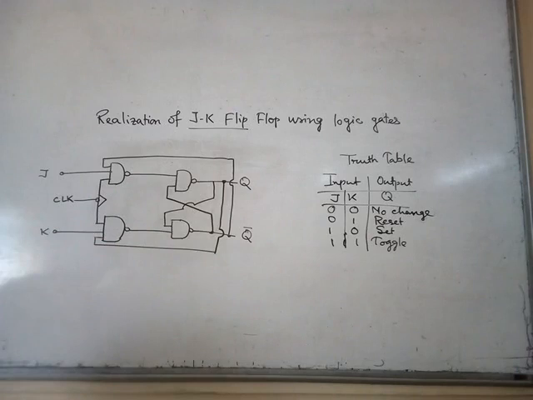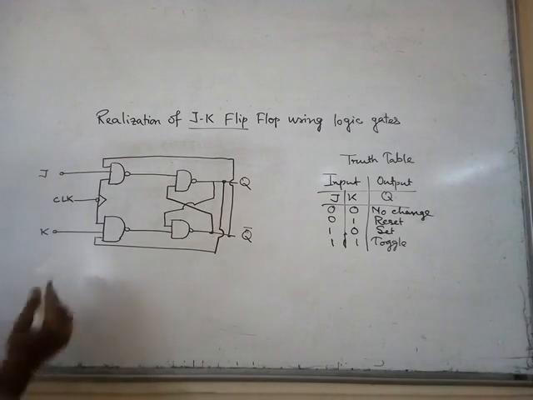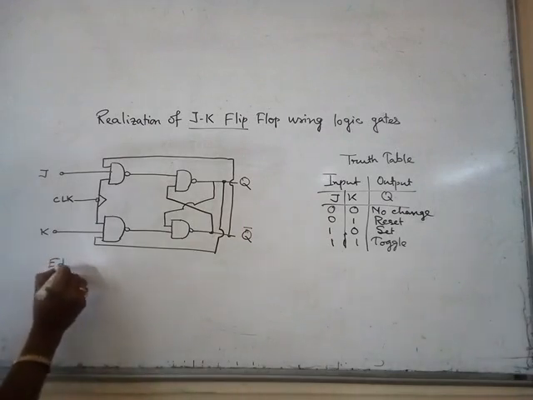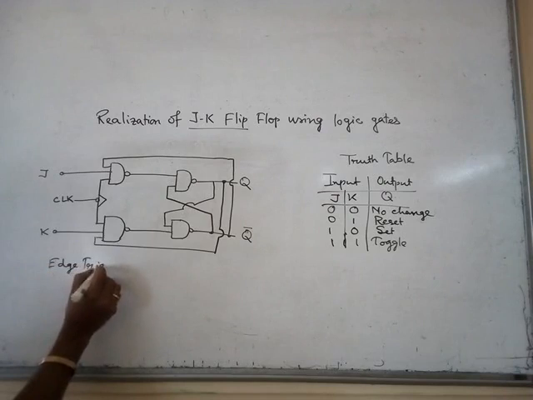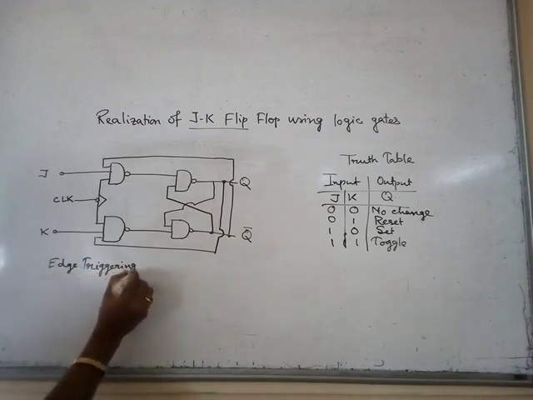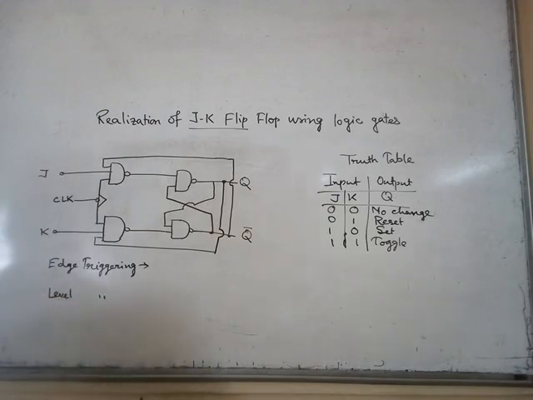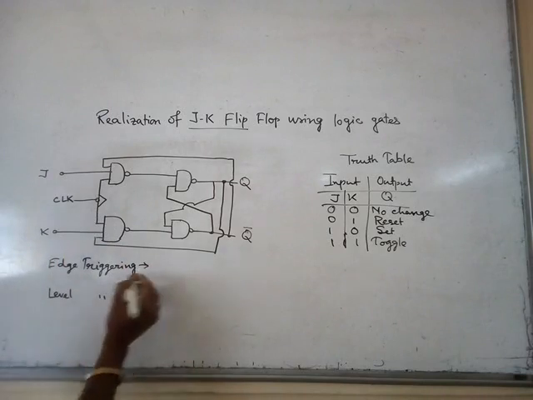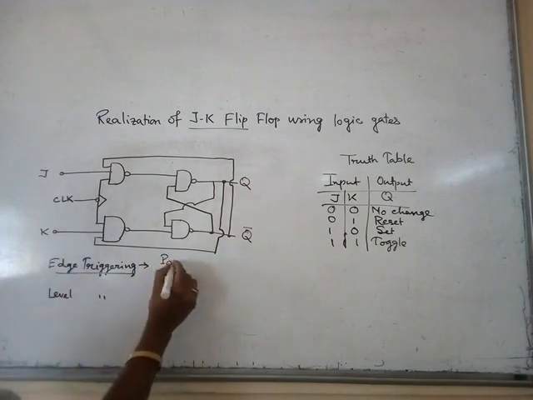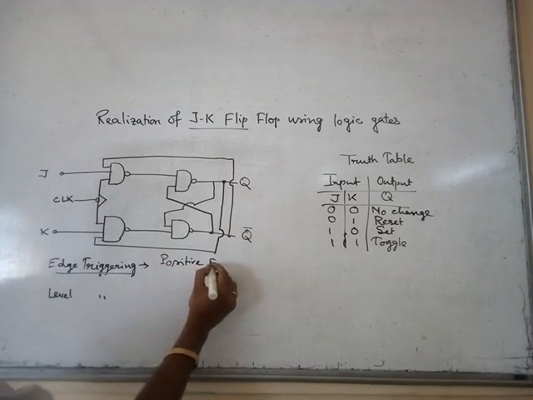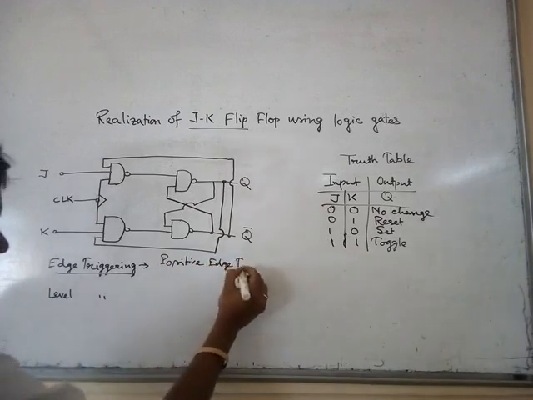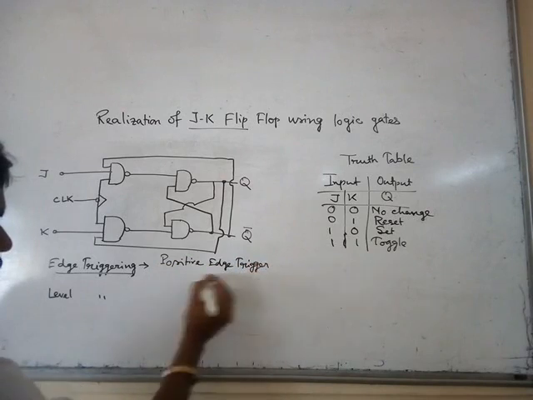Now we discuss the clock. For the flip-flop, we actually use two types of triggering: edge triggering and level triggering. We use edge triggering here. Edge triggering is of two types: positive edge trigger and negative edge trigger.